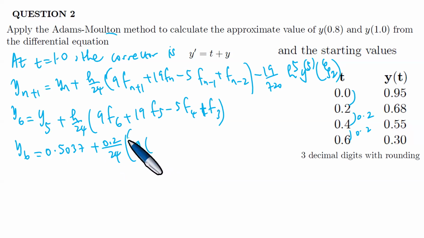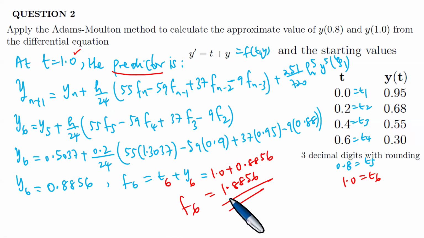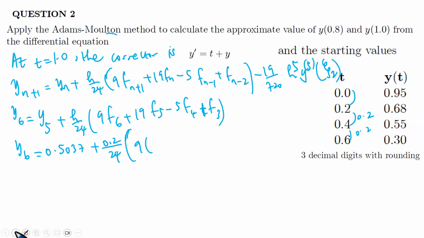9 multiplied by f6. We have already got f6. What did you get f6 to be? We got it to be 1.8856, close bracket. 19 f5.